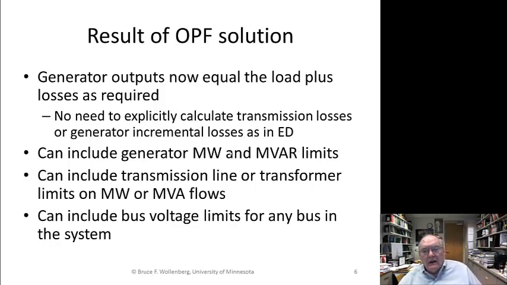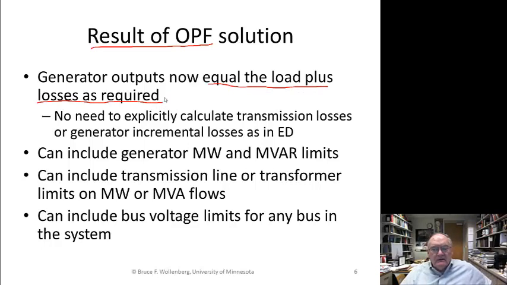Okay, the results. This is the part that I like about the OPF. The sum of the generator outputs equals the load plus the losses. When we did that as an economic dispatch, the losses were not necessarily a function.